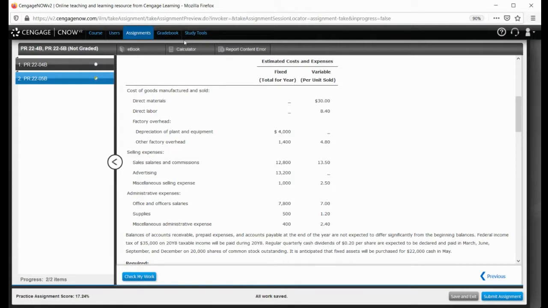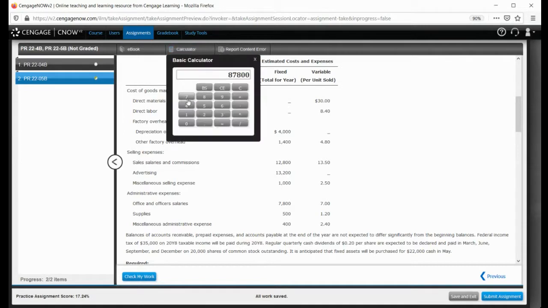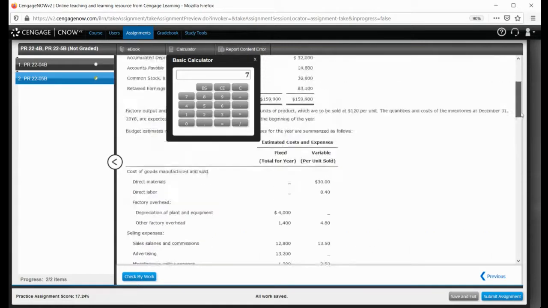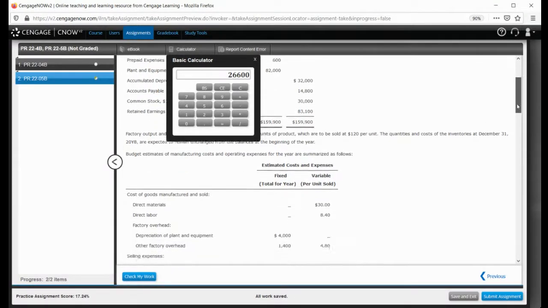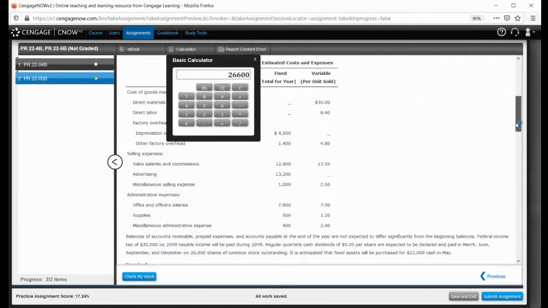So again, we're going to multiply $7 times the number of units, which is 3,800, the units sold, and so that gives you the variable cost portion of this as office and officer salaries.